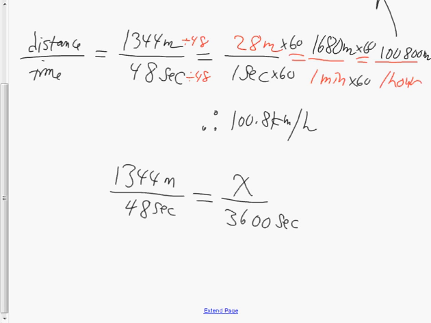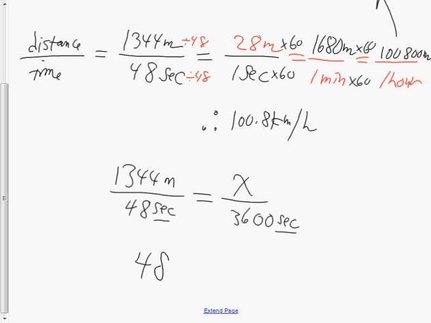I could use the algebraic method. The only thing is, I got to change this first. I got to say, I want to know how many kilometers in 1 hour. Now 1 minute is 60 seconds, and there are 60 minutes, so it's really 3,600 seconds in 1 hour. So now that I have my units the same, I could technically use the algebraic method.